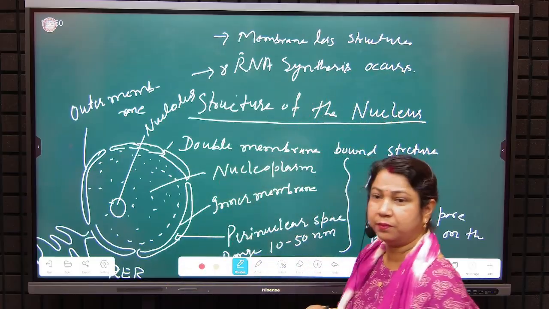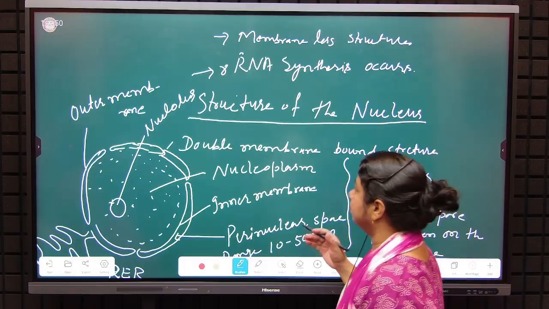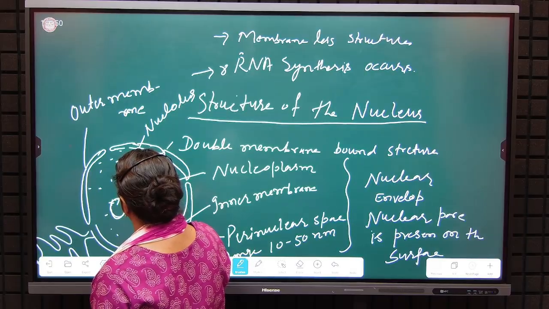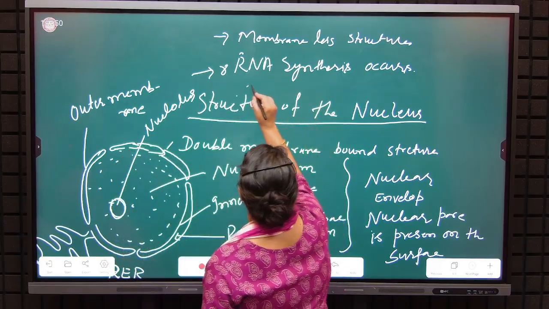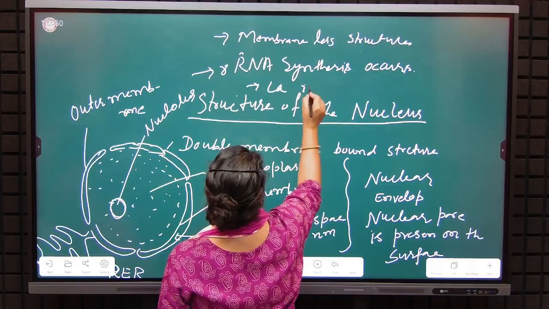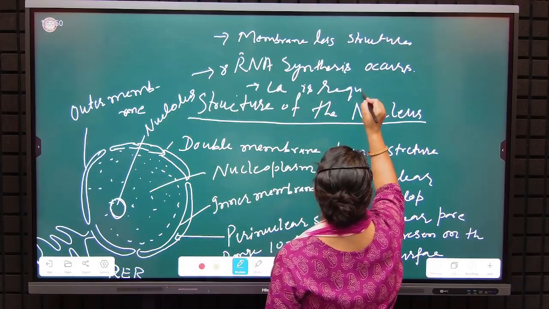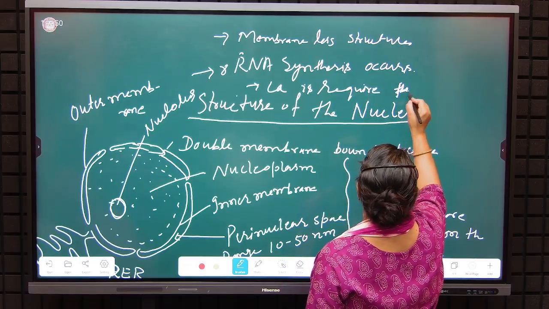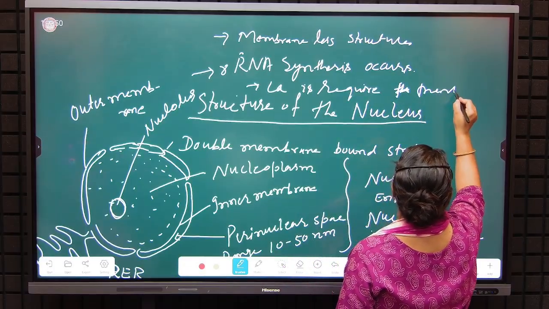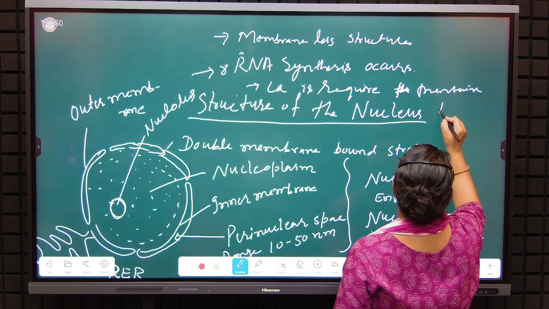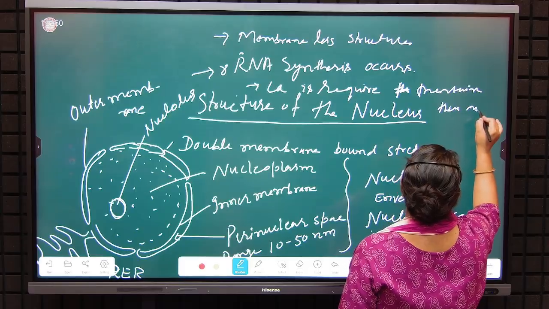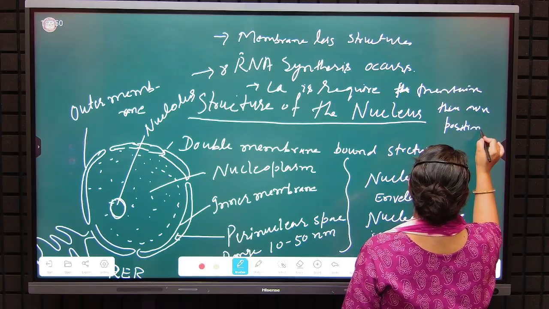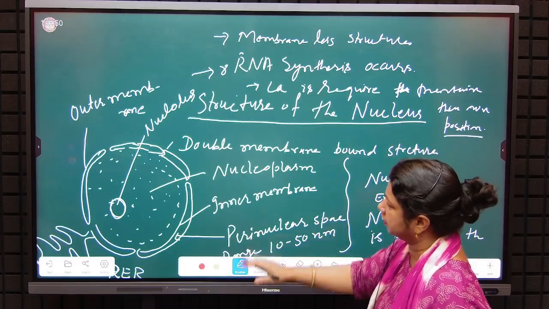And calcium is required for maintaining their own position. This is all about the structure of the nucleus.